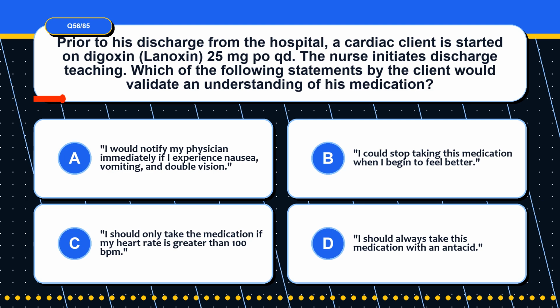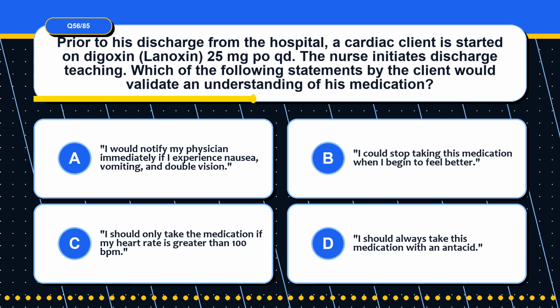Question 56. Prior to his discharge from the hospital, a cardiac client is started on digoxin (Lanoxin) 0.25 mg PO daily. The nurse initiates discharge teaching. Which of the following statements by the client would validate an understanding of his medication? Here are the options.